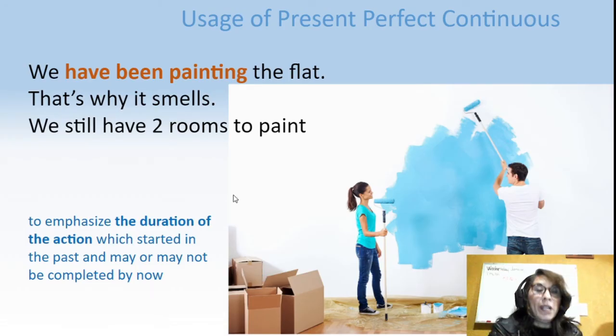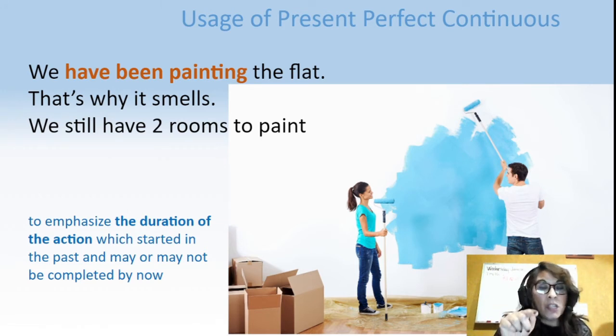Well, check this example. It's in present perfect continuous. We have been painting the flat. What does it mean? Well, if you enter the flat, that's why it smells. We still have 2 rooms to paint. What happened here? That you emphasize the duration of the action, which started in the past and may or may not be completed by now.